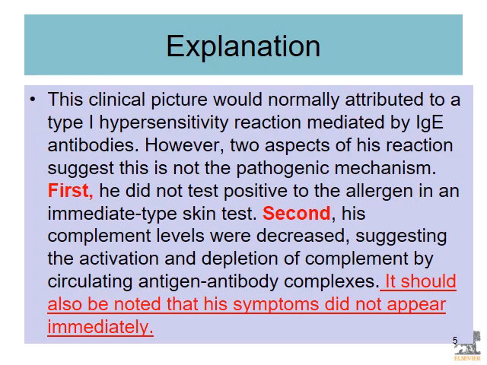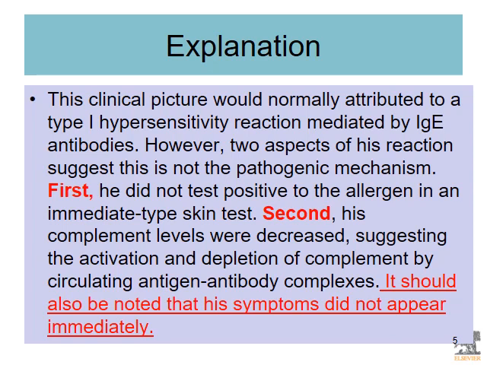The explanation for that is we would have thought immediate like an IgE, but firstly, he did not test positive to allergen, and secondly, the complement levels are decreased, because when complement levels decrease, we are thinking type 2.